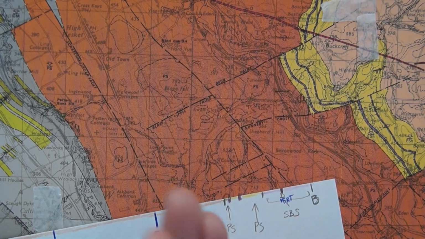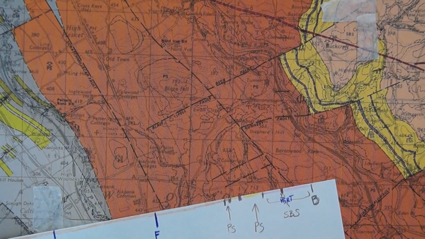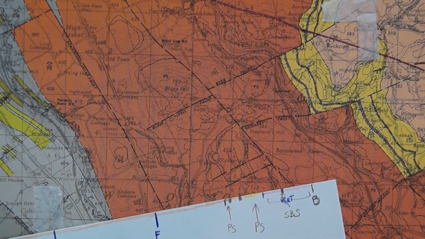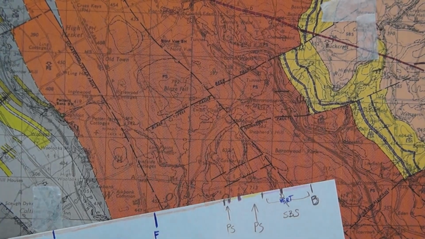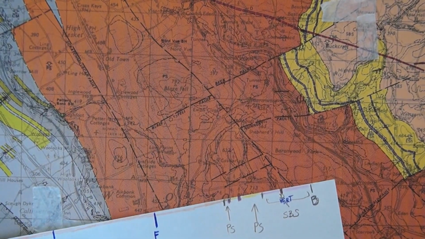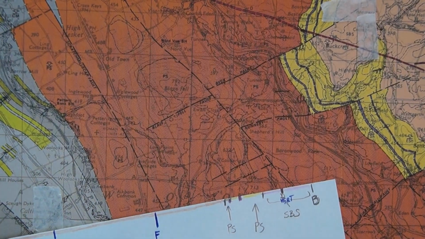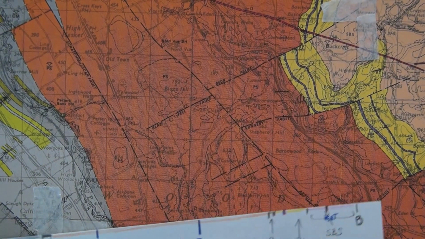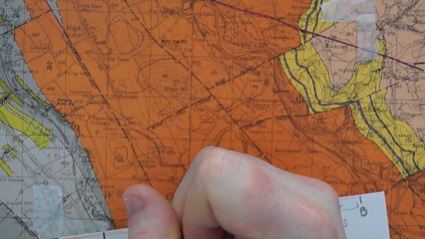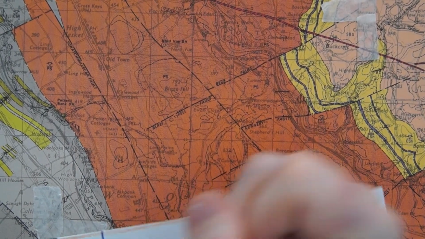I just want to check, comparing my map to the stratigraphic column on the left hand side, all of the contacts. Let's see, between the Millstone Grit and the Coal Measures, oh, that's interesting, we have a little unconformity there, a gap in geological time.